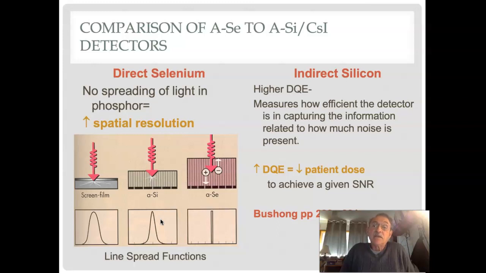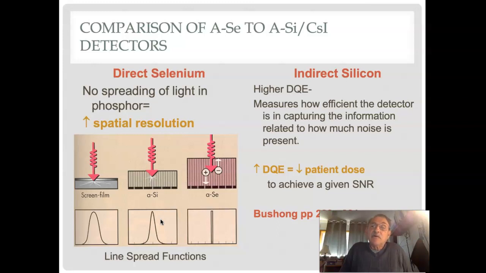And so with indirect silicon, we're able to achieve that. And that is this illustration here in the center, where yes, there is some light that is produced, but that light is directed right down to be captured, perhaps with the charge couple device, the CCD, which is not unlike a little tiny TV camera.